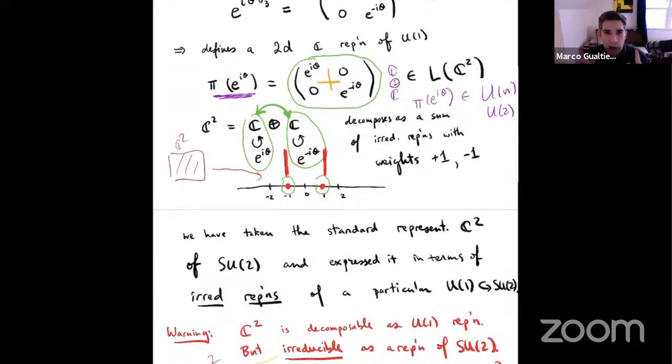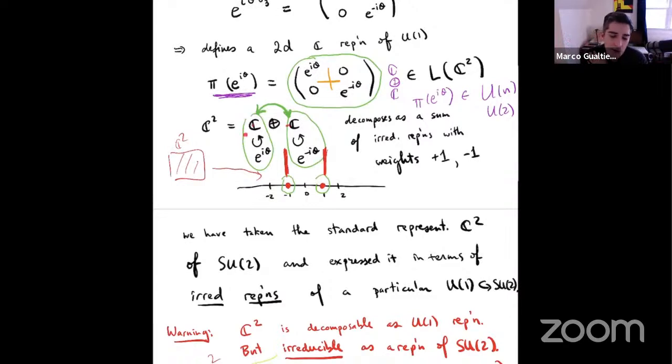The circle that we picked, this beautiful little circle here, is going to send this space to itself and this space to itself. It'll send the C to itself and C to itself. But if I use one of the other matrices inside SU2, it will not preserve this. Instead, it will take this guy to this guy, and it will take this guy to this guy. Not that they're guys, they're unisex, basically, these subspaces.